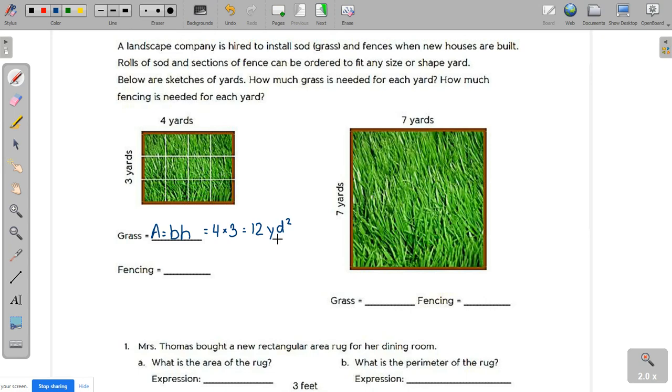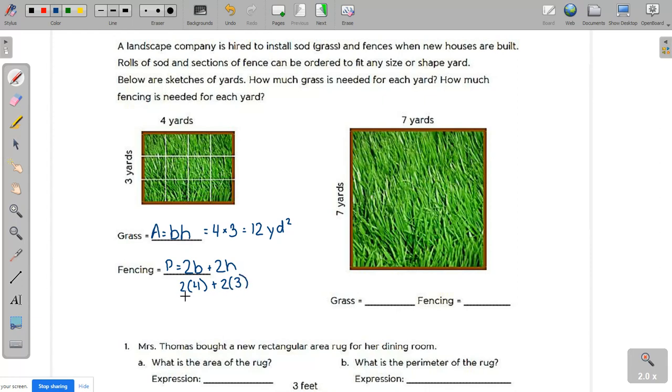Now let's look at fencing. So fencing goes all the way around the yard. So we're going to be using the formula for perimeter. So perimeter equals 2 times base plus 2 times the height. So 2 times our base, which is 4, plus 2 times our height, and our height is 3.